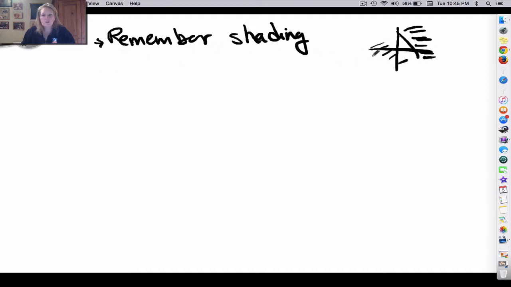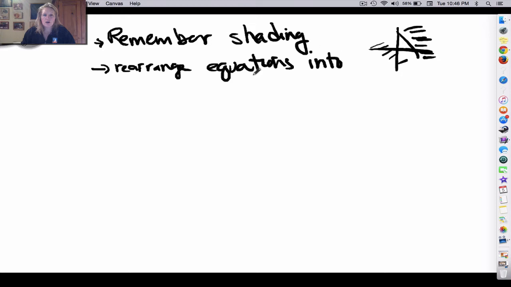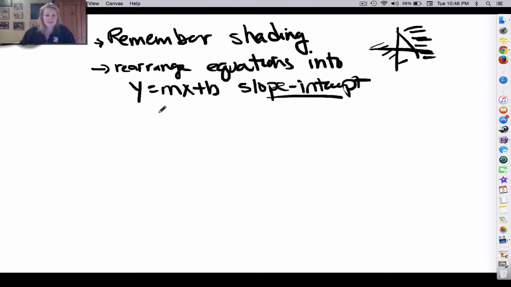But in order to figure out what side to shade on, we need to rearrange all of our equations into our y equals mx plus b, which is also known as the slope-intercept form, okay? So move them all into this, and then you can look at your nice generic y is, if it's greater than the mx plus b, then you always shade above the line.